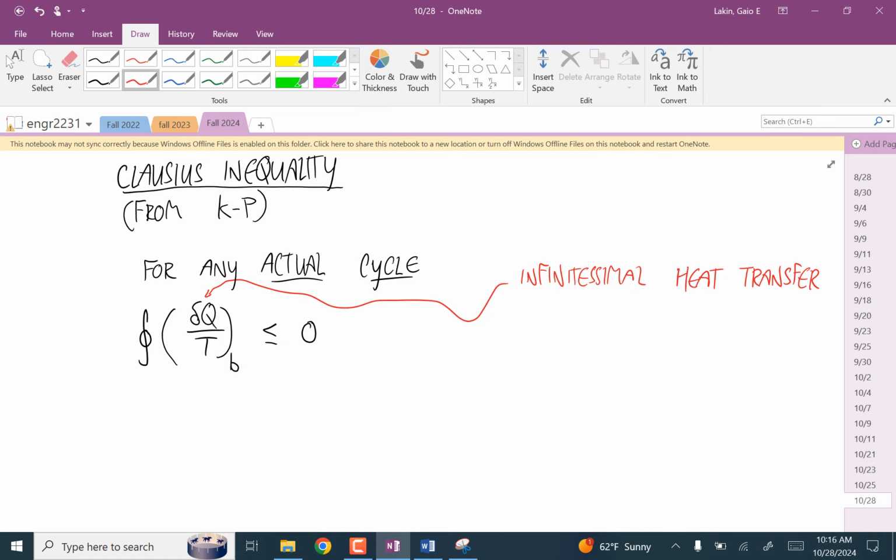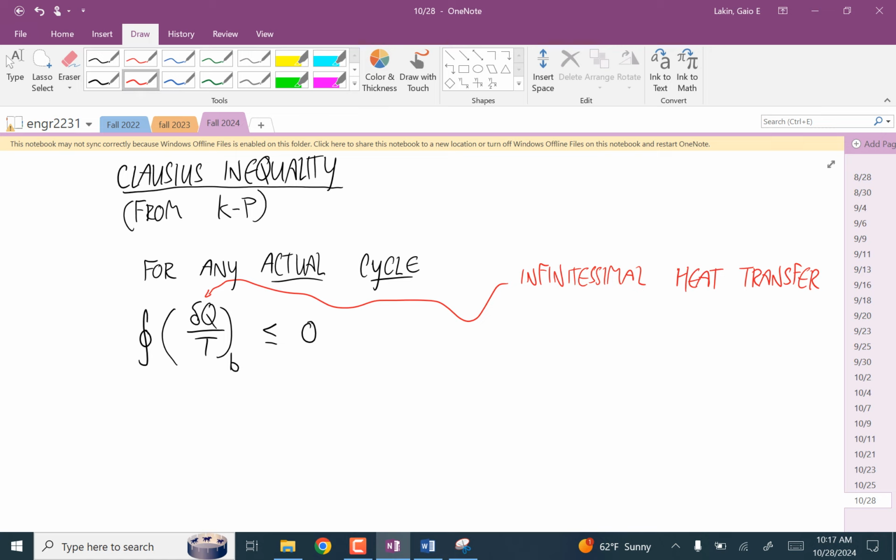No, you don't have to think about it that way. It's simpler than that. Whatever your system is, there's a boundary all the way around it, and there's infinitesimal amounts of heat that transfer at every point in the boundary. The reason we write it like this is because the temperature isn't necessarily the same around the whole boundary, although when we use this, we're going to tend to use it in a simpler form.